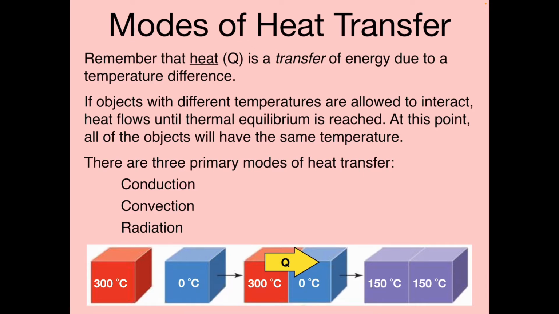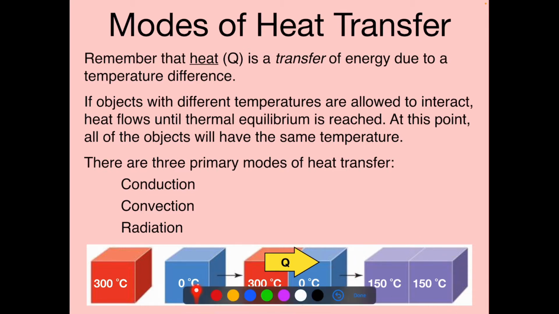If we allow them to interact, if we just touch them together, then heat is going to flow from the hot block into the cold block. So that means energy is moving into the cold block, and that will continue to happen until thermal equilibrium is reached. And then at the time when we reach thermal equilibrium, the two blocks will have the same temperature. Okay?